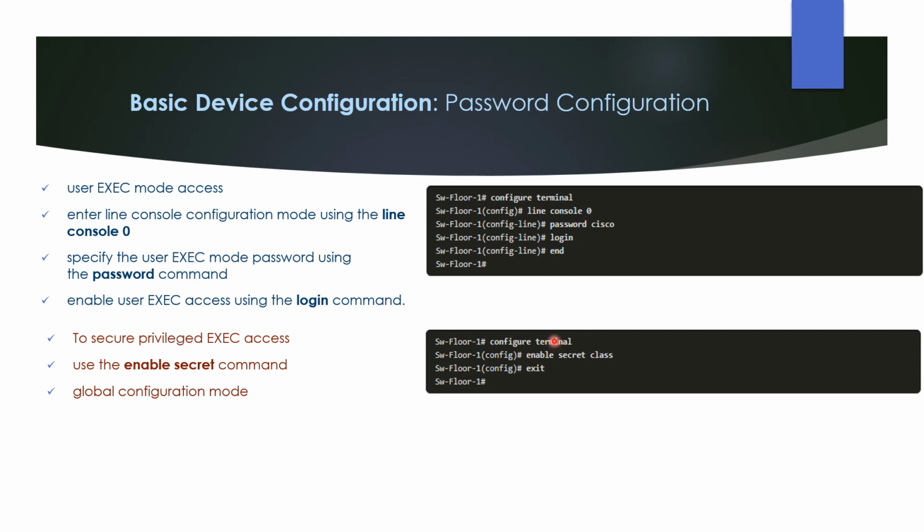So as you see, we are still configuring the switch at the first floor. So again, go into the global configuration mode, and after you are there, you have to secure your access with the command enable secret followed by the password that you will add for this level.